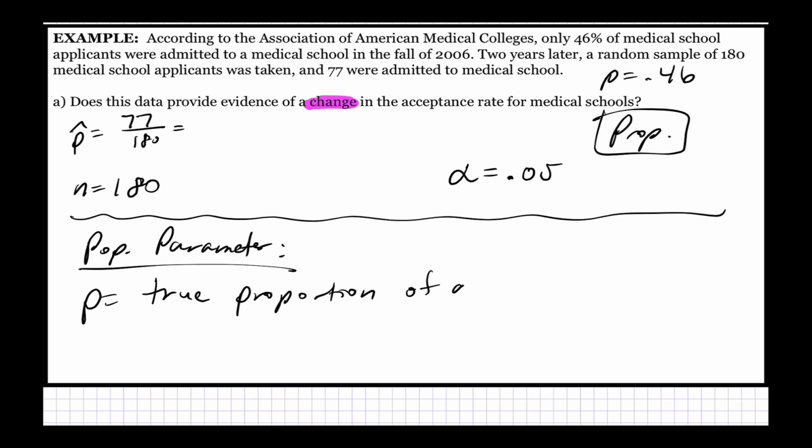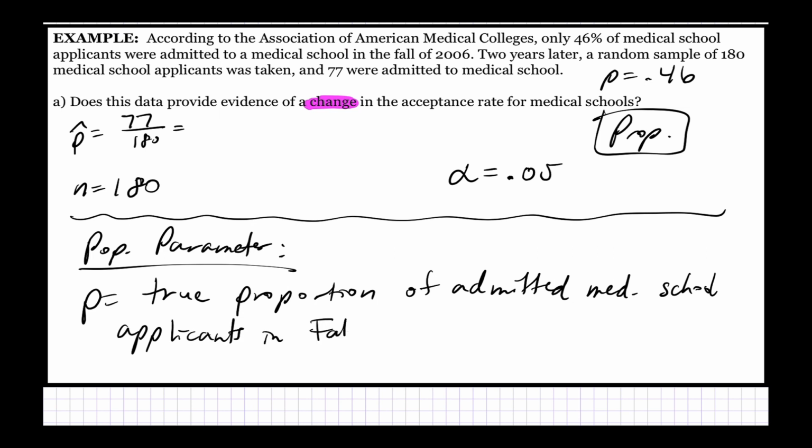True proportion of admitted med school applicants in fall 2006. Perfect. Because we're going to use that later. We're going to literally cut and paste it into our conclusion later. So that's why we always state it at the beginning.